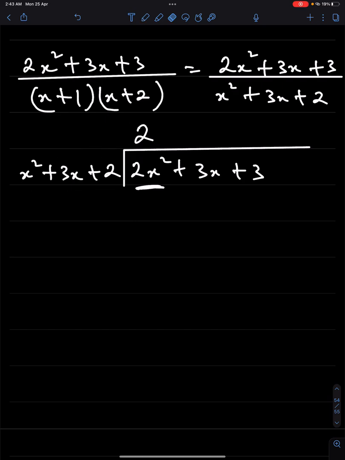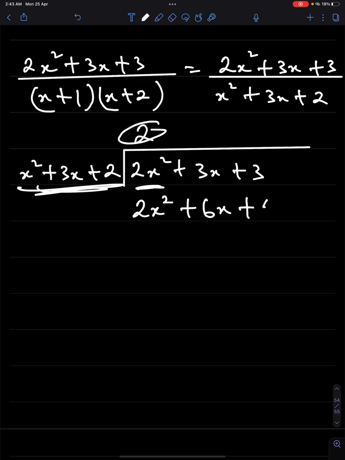So now I'm going to multiply x squared plus 3x plus 2 by the 2 on top. So that means 2x squared, I'm multiplying the whole of this by 2, so that means 2x squared plus 6x plus 4.